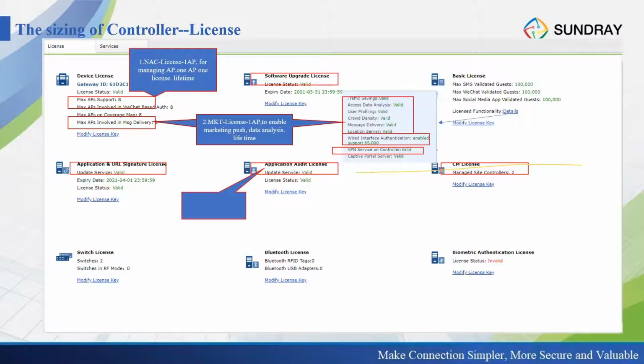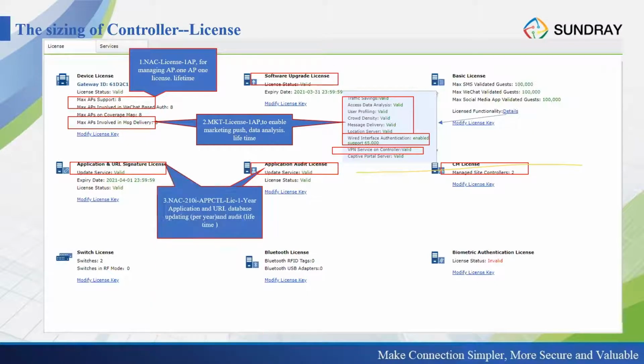Some clients may ask, do you need a license for your portal? We don't need it. This license is just for the device, just for the advertisement after finishing authentication. We want to push the full screen advertisement, short message, and also the data analysis, like how many new clients, how many passengers, this kind of thing.